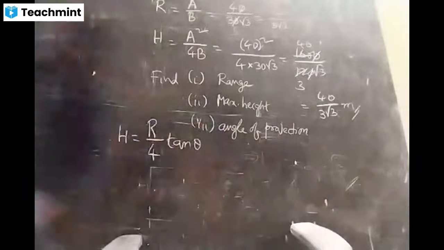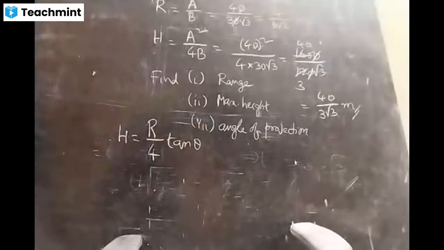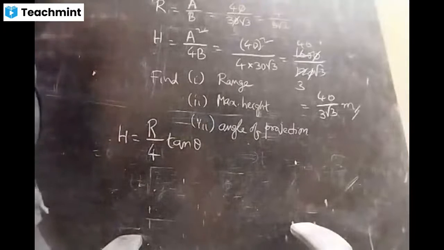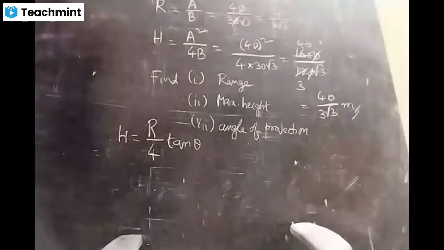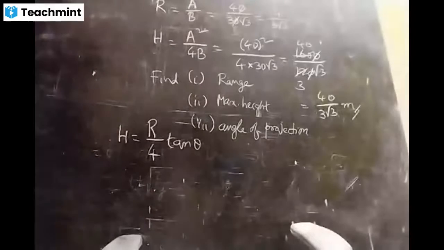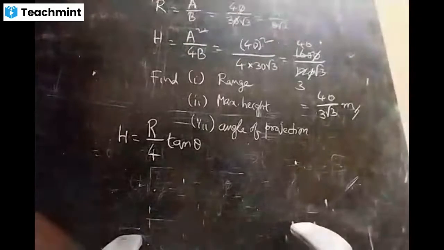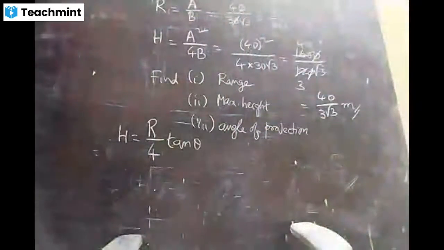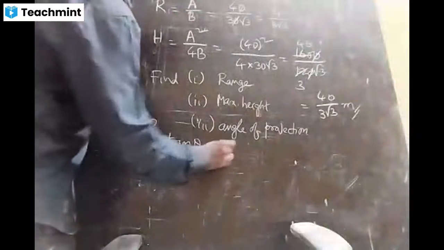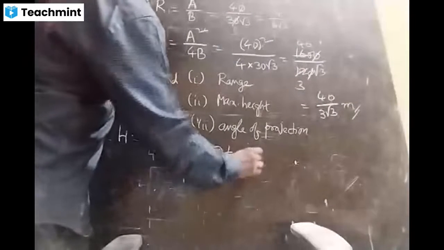Now solve for theta. Take 4 to that side and divide by r.